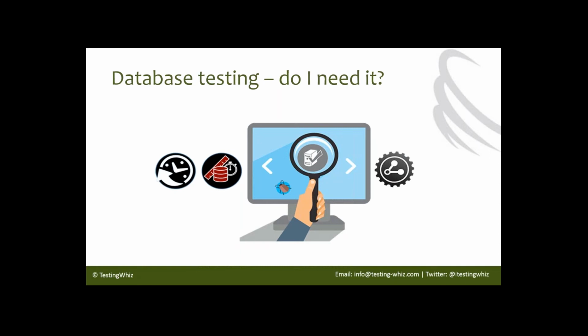Now, how many times does it happen that the code changes are deployed to the production server, but schema changes are not rolled out, and hence it results in chaos? The application will not be working as previously, when it was working pretty well.